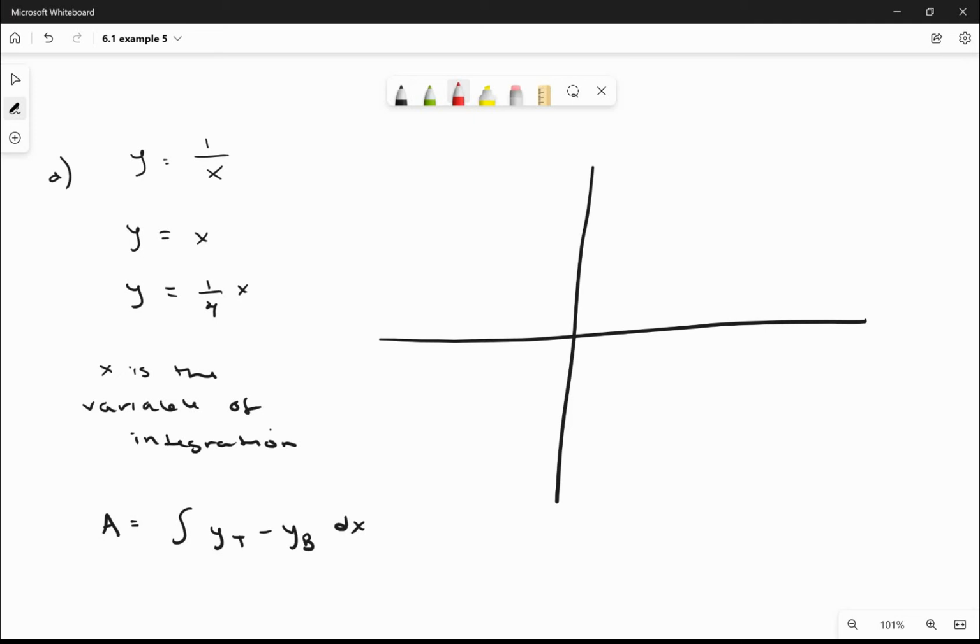We have y equals 1 over x. We'll do that in red. It looks like this. And really, there's two parts to this graph. It has this positive and negative portion.